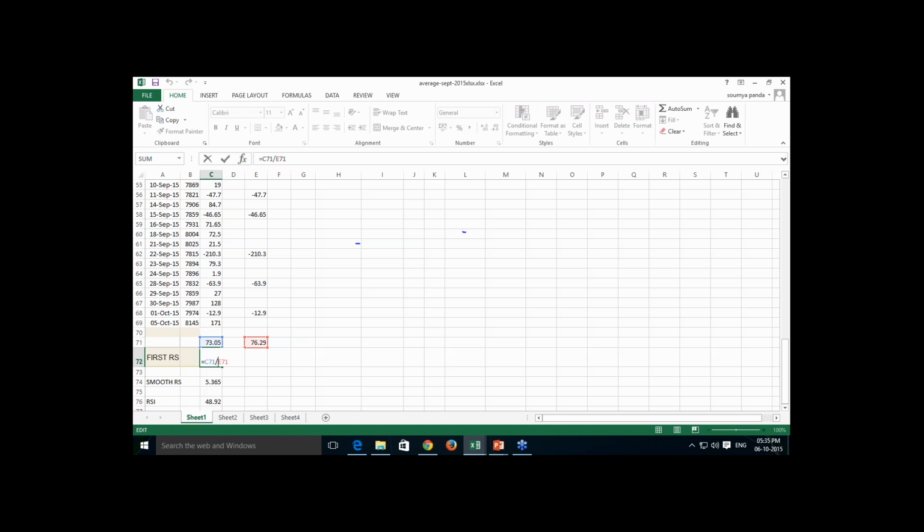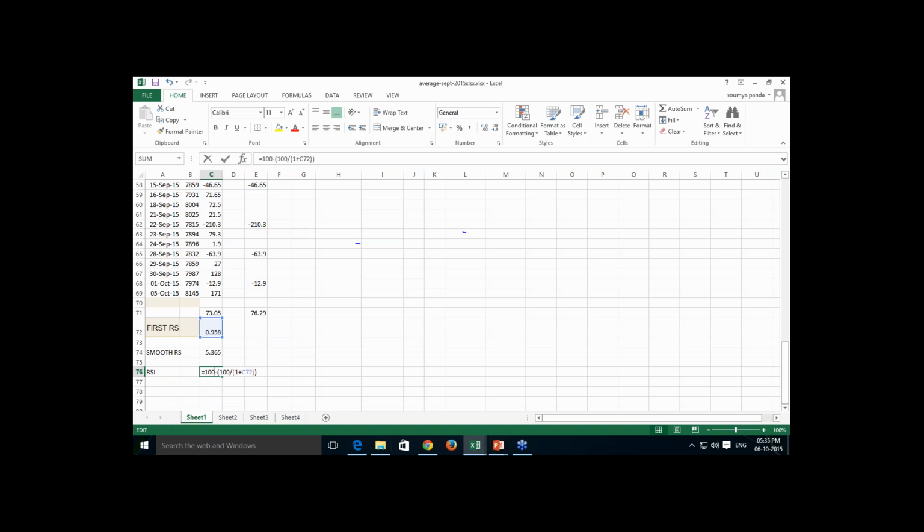RS is nothing but the average gain divided by average loss. Then I find the RSI. RSI says 100 minus 100 divided by 1 plus RS factor, whatever you are getting, this is RSI. Imagine now it is 48.92.